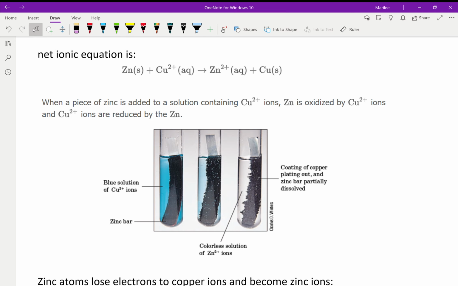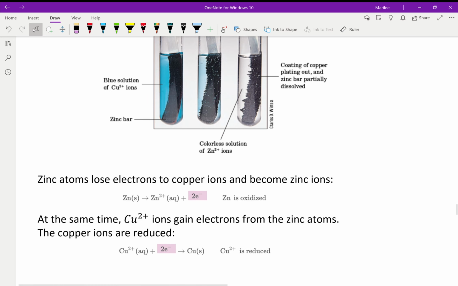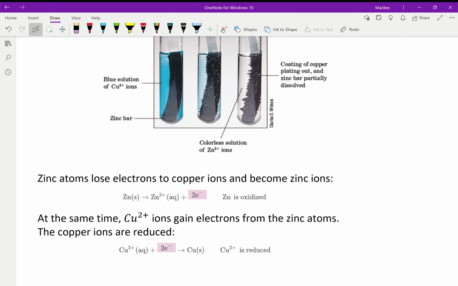And once we put it into it, the blue starts fading because the copper is coating on the zinc, and the zinc bar is partially dissolving into the solution. So this is a chemical reaction taking place. So the zinc atom loses electrons to the copper ion and becomes zinc ions.